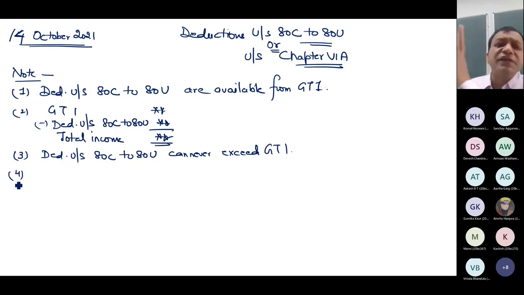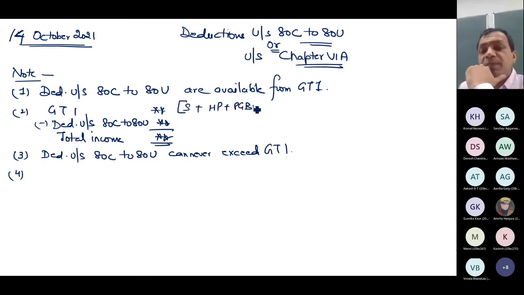Now GTI has different components. GTI can include salary, house property, PGBP, capital gain, other sources. It includes all these five.